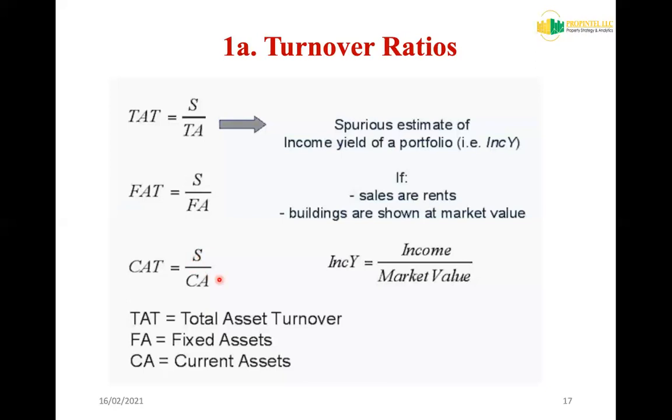current assets. Now, because we have treated total returns of companies, it is convenient for me to say that the total asset turnover ratio of a company is similar to the income yield of a portfolio or the income return we talked about when we're looking at the total return of a company.